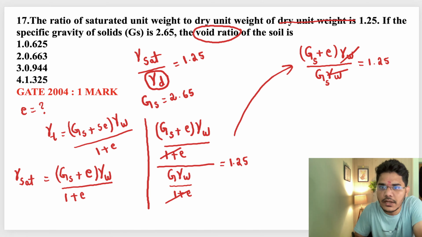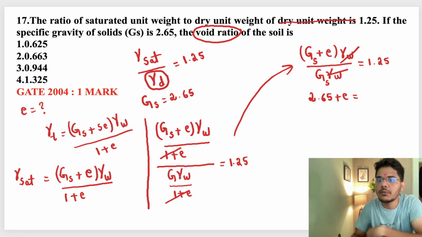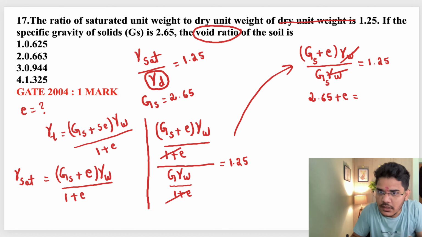So we can write the value of G_s, how much he has given, 2.65. So 2.65 plus e is equal to 1.25 into 2.65, which comes around 3.3125.